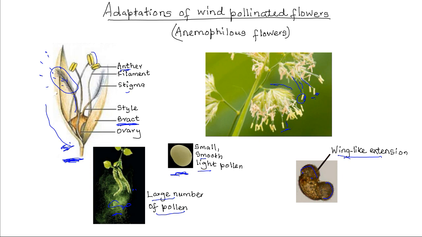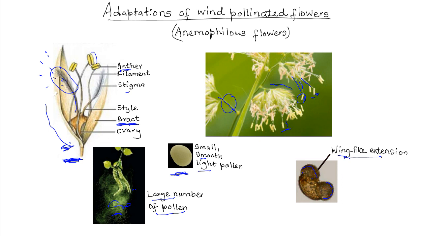And also, the flowers that are wind pollinated tend to have long stalks. That is, the flowers are borne on long stalks that are well above the other leaves so as not to be sheltered or protected from the wind. So like in this plant here, you can see the flowers are borne at the end of long stalks, well above the leaves.